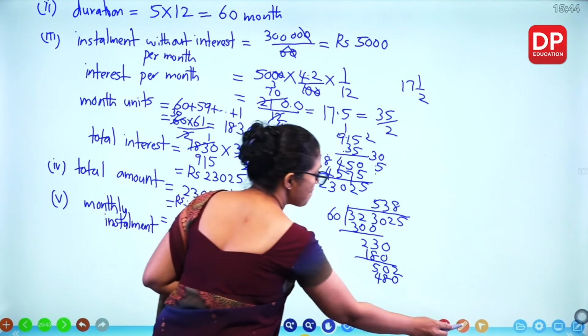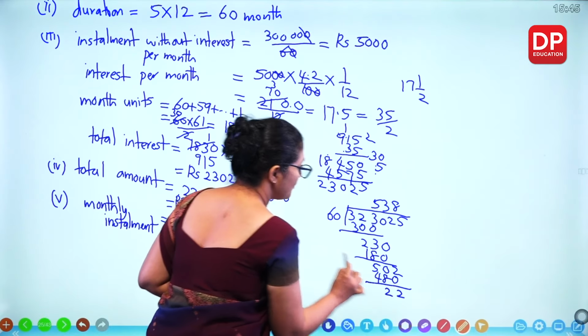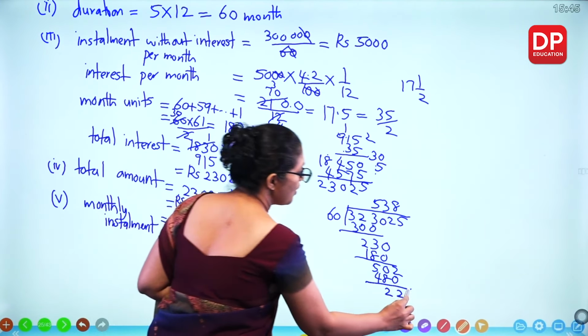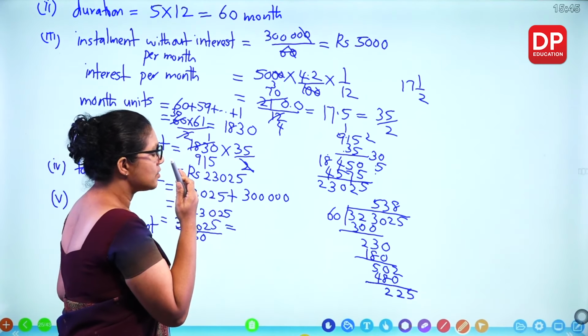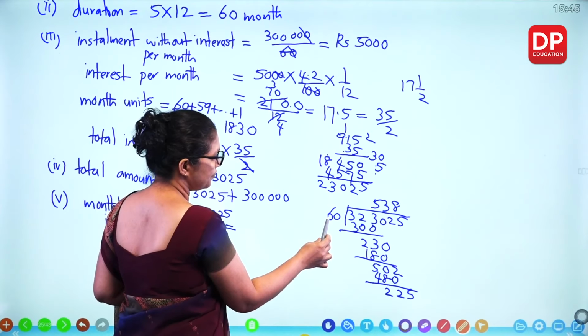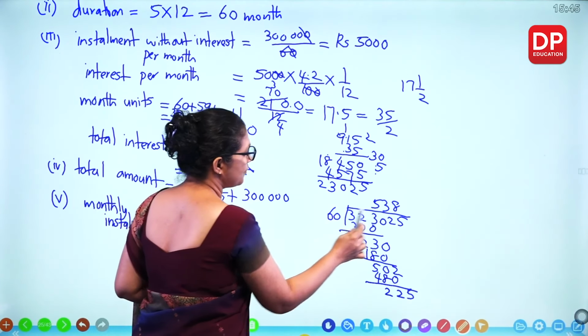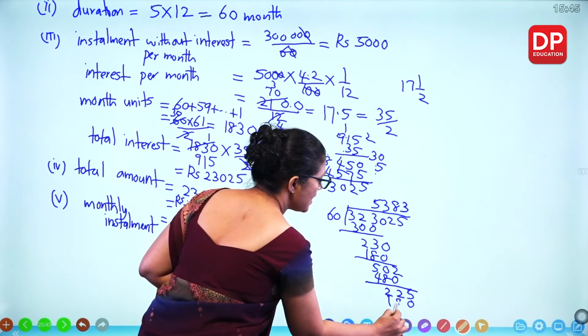Then when you subtract, you get 22. Another 5 is there, 225. So how many 60s? 3. 3 times 18.